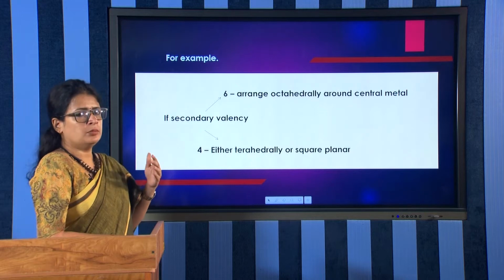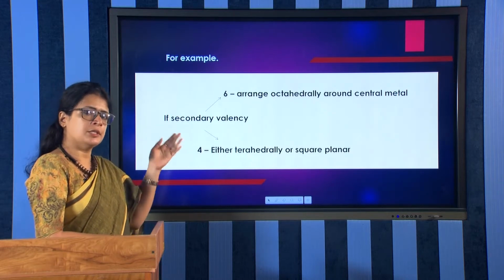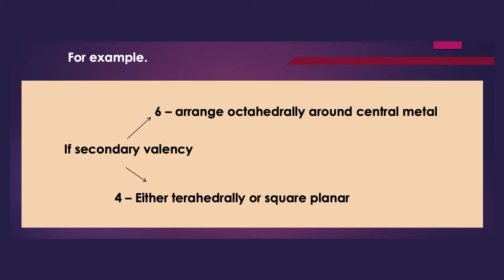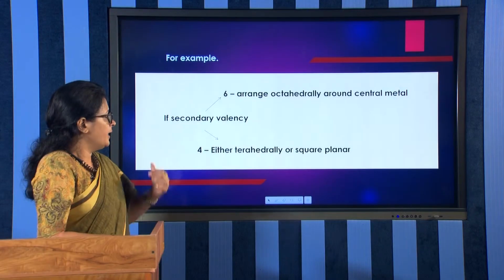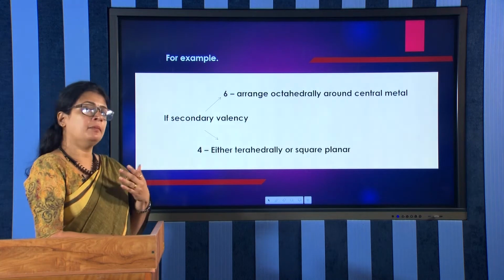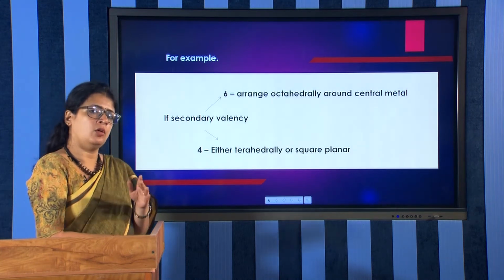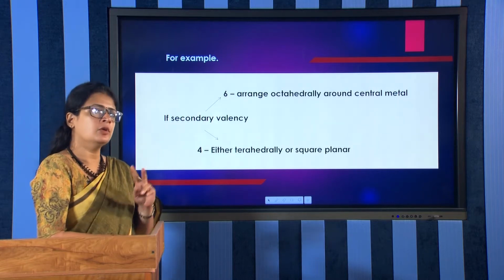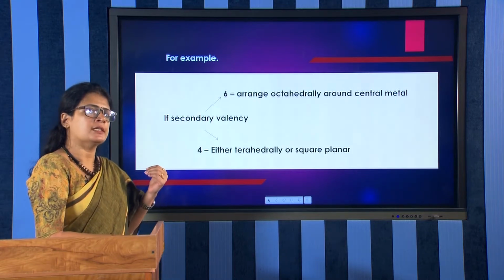If the coordination number or secondary valency is 6, the ligands will be arranged octahedrally around the central metal atom. If it is 4, it can be either tetrahedral or square planar. Two possibilities are there for coordination number or secondary valency 4.